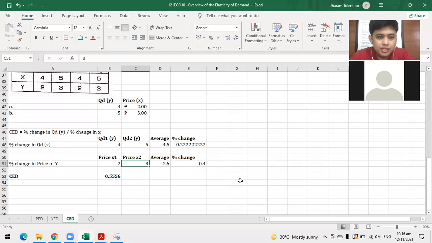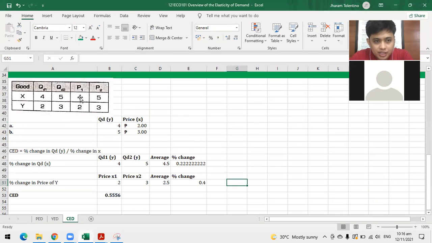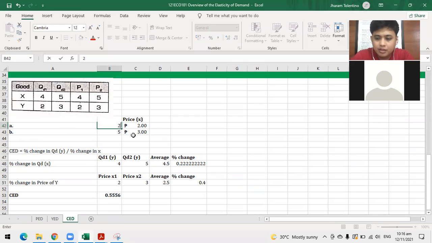Okay, so check natin. Changes in the price of X from 4 to 5. What will happen to the quantity demanded sa Y? Okay, so ang nagtaas naman ng presyo si good X. Okay, so dito from 2 naging 3. Di ba? Naging 3.